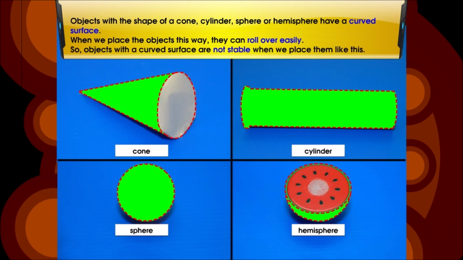So, objects with a curved surface are not stable when we place them like this.